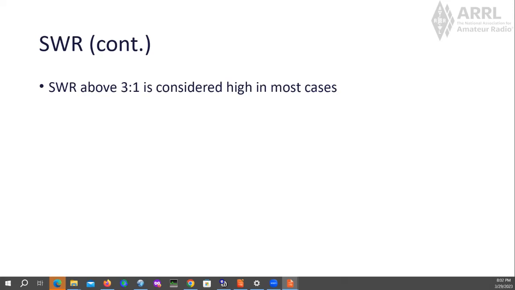So SWR is pretty much always with you unless you design the antenna and feed line for exactly the frequency you want to use, which is how all commercial things are usually done. Again, SWR above 3-to-1 is considered high in most cases.